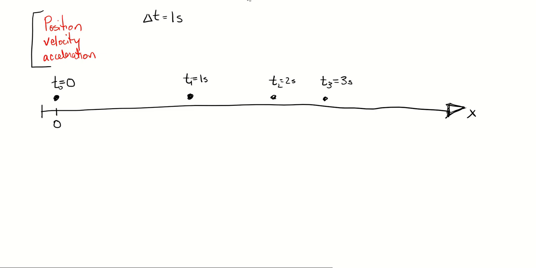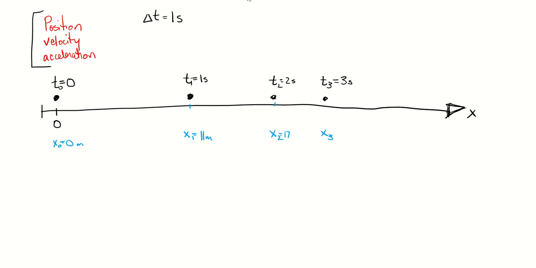So now, if we continue on with our motion diagram, where this is x0, this is x1, this is x2, and this is x3, the positions of our images in our motion diagram, we can actually put numbers to this. x0 would be 0 meters, x1 would be whatever this value is. Let's call it 11 meters. x2 would be even further along.